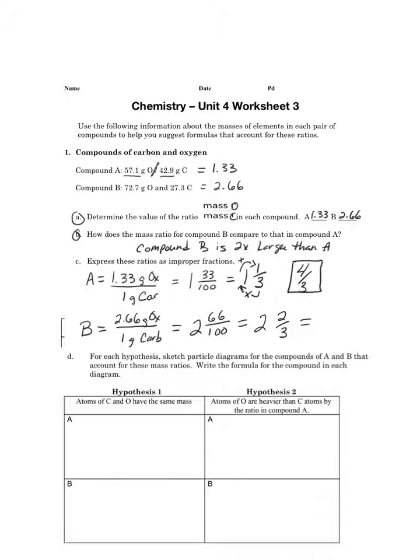So my improper fraction is going to be 3 times 2, which is 6, plus 2, which is 8. So this is going to be 8/3. So this is going to be my improper fraction for A, and this is my improper fraction for B.